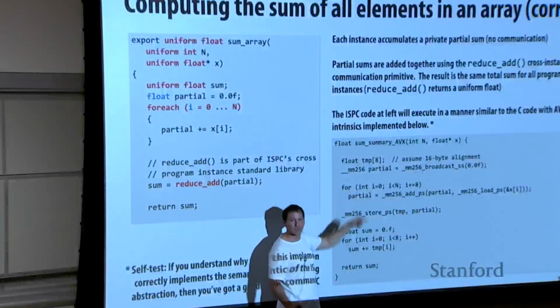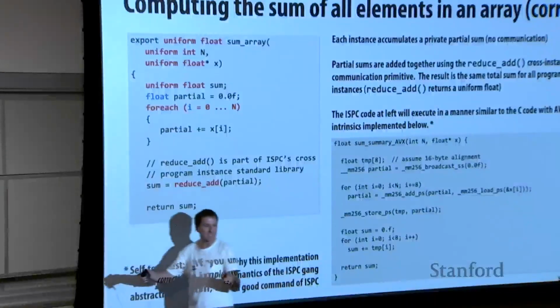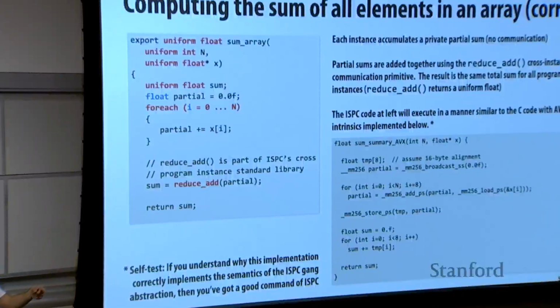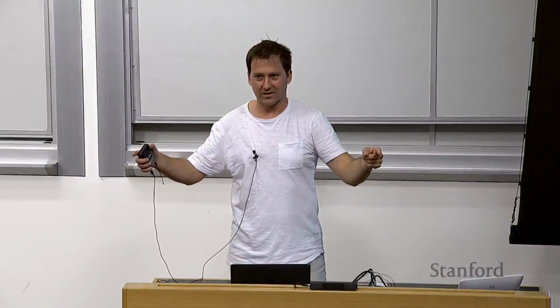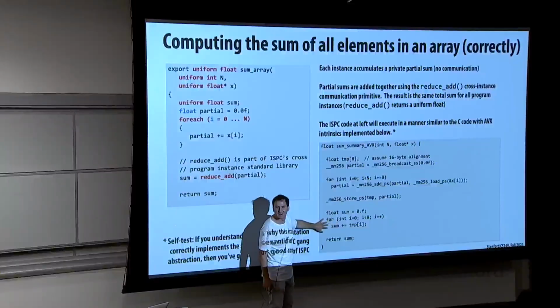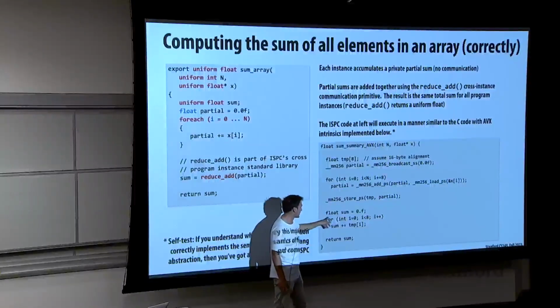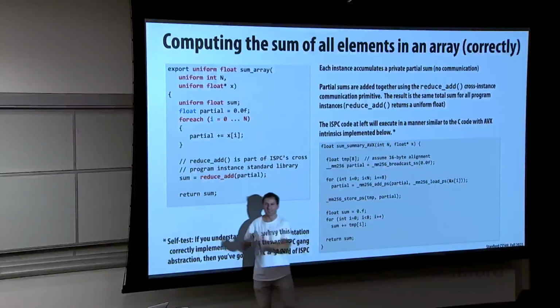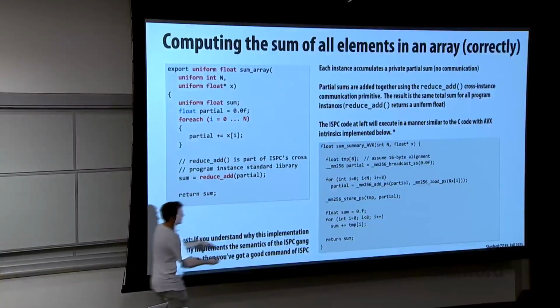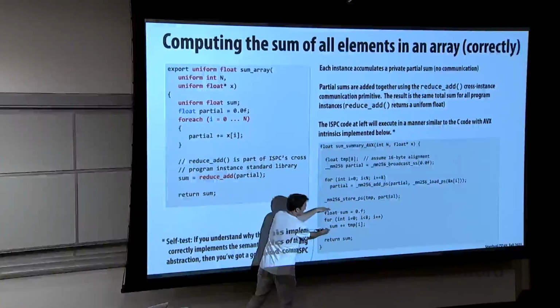At the end of this loop, I have a single SIMD vector, and every lane is a partial sum of all of the elements in the array. Can you see how that's going on? And then at the end, I need to add up all the elements, so I iterate sequentially over the final vector. So this is a naive implementation of reduce add.